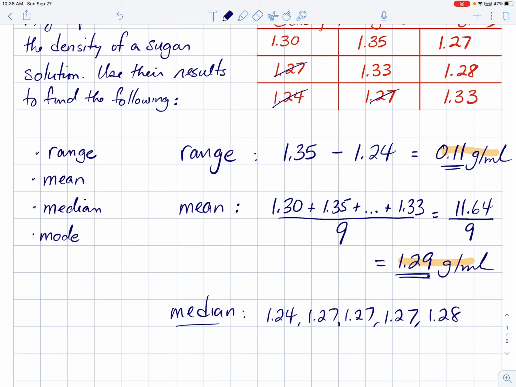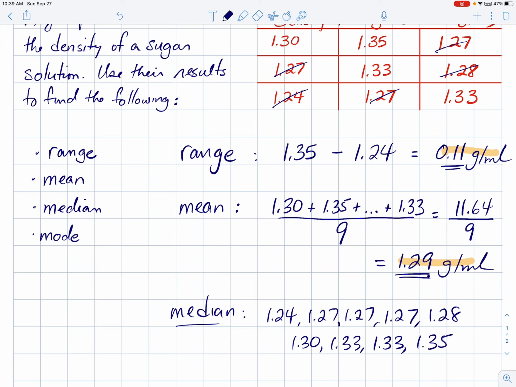So 1.24, 1.27s, 1.28, I've got a 1.30, I've got a 1.33, two of those. And finally, I've got a 1.35, the largest value. So now you notice, just double check, 1, 2, 3, 4, 5, 6, 7, 8, 9, those are my 9 values.